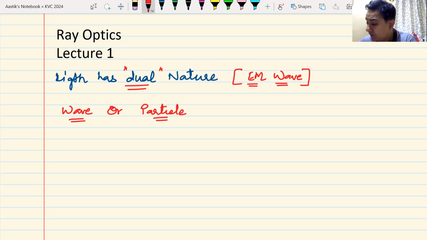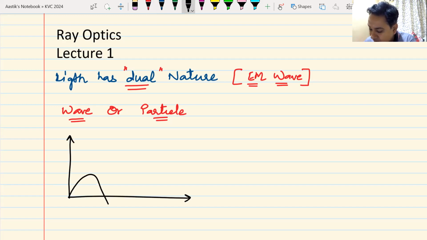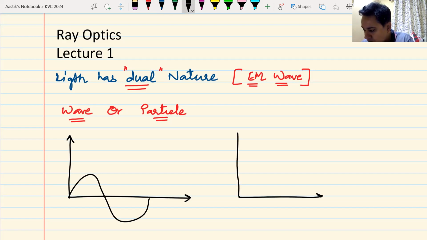Now, if I just draw it to make you understand, a wave. I think we dealt with wave. A wave looks something like this. A particle has got a quantum nature. It travels in small packets.